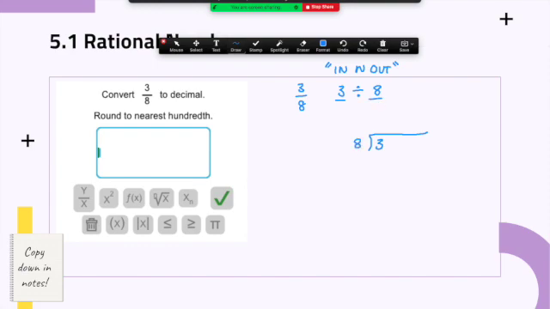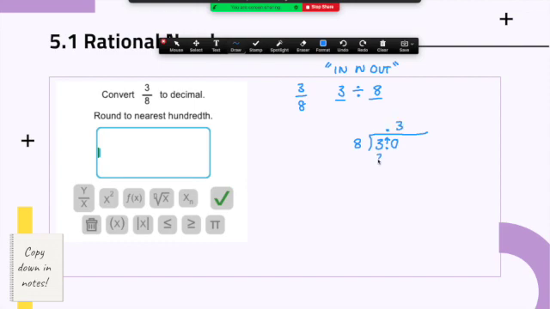Now, there's nothing that 8 can multiply by that would be small enough to get 3. So I need to make my number bigger. I'm going to put a decimal point there, which also means I need to bring up that decimal point. And I need to think of a number that 8 can multiply to get close to 30. So I could use 3.